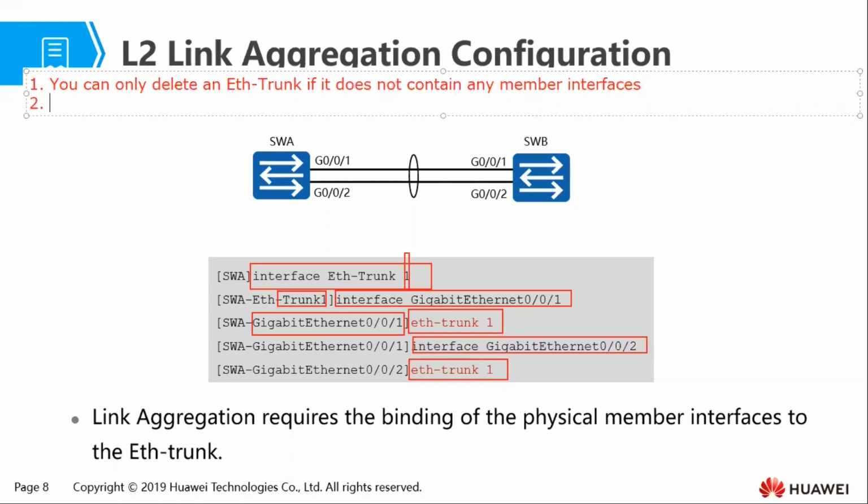So you cannot delete an Ethernet trunk if it contains other member interfaces.